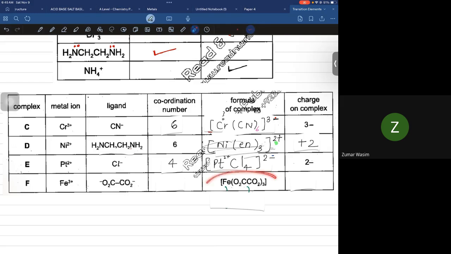They have given you the formula as well, okay? You are only supposed to say these things.